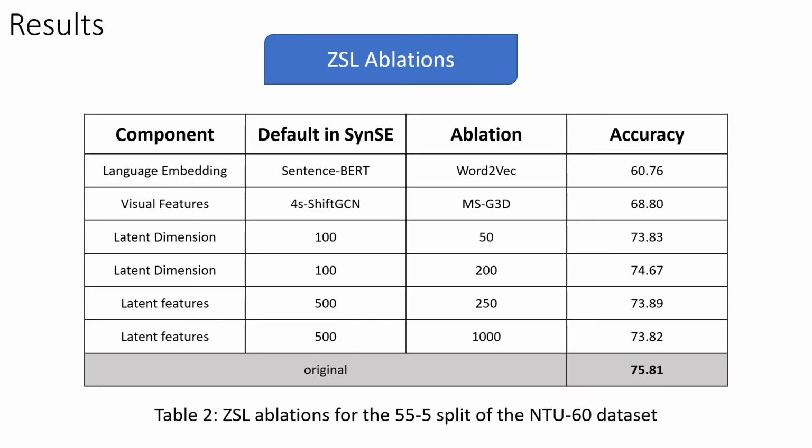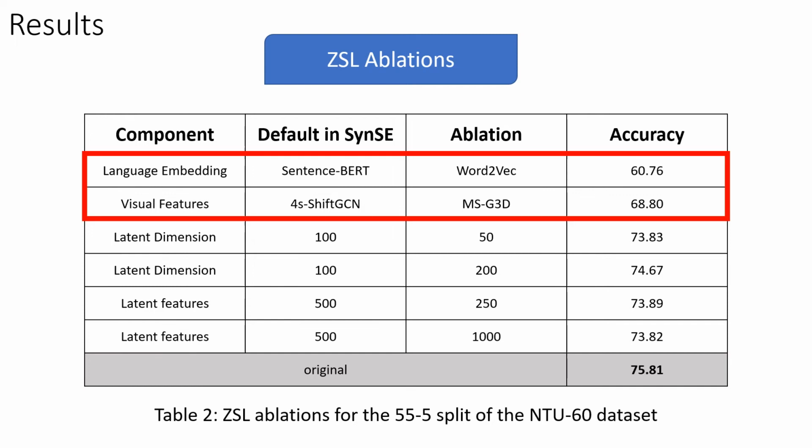In order to highlight the best design choices, we perform various ablations for zero-shot learning. We experiment by changing the language embeddings used, the visual features, size of the latent dimensions, and the number of latent features. The results in the first 2 rows show that using Sentence BERT and ShiftGCN serve as the optimal choices for the language and visual embeddings respectively.